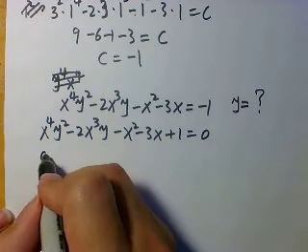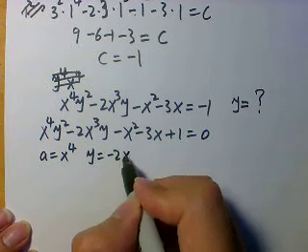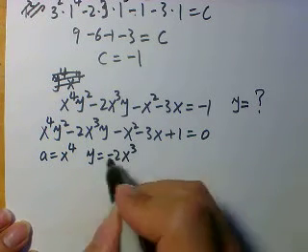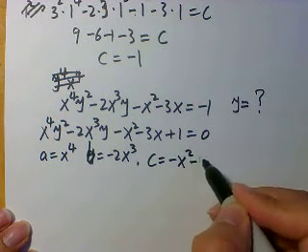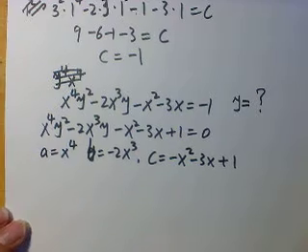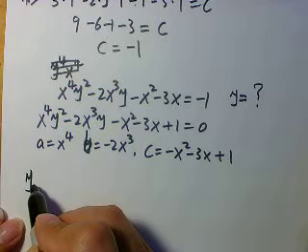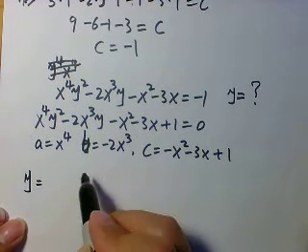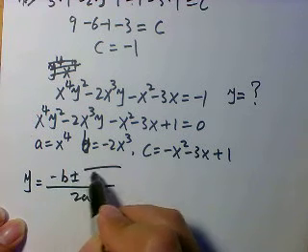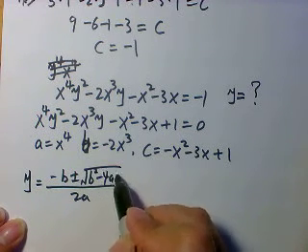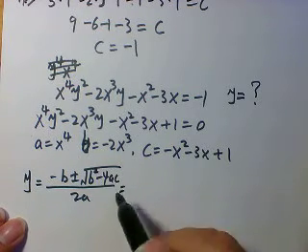So a equals x to the power 4, b equals negative 2x cubed, and c equals negative x squared minus 3x plus 1. Okay, and then we use the quadratic formula. b squared minus 4ac. That's very straightforward. Then we're going to plug in.